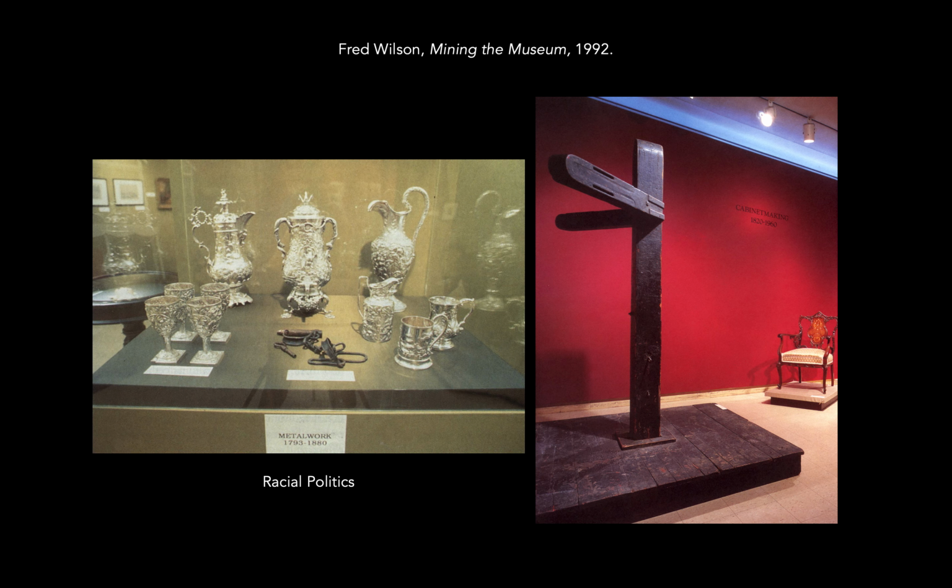So you're forced to reckon not only with the objects that have so long been deemed to be beautiful and noble, but also the objects that point to the much darker, horrifying, racist history of the United States, right? It's almost as if Fred Wilson is bringing up the darker unconscious of this country through these objects that normally aren't shown, aren't displayed. So it's a very, very powerful work, and of course still very timely.